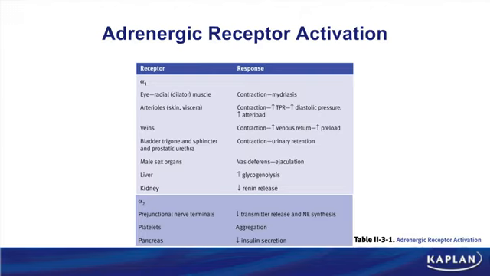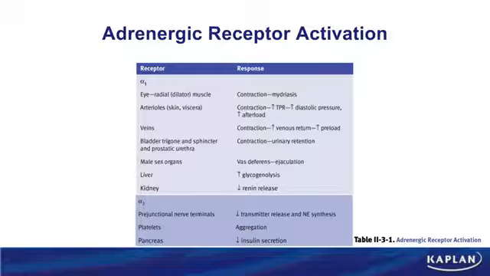Giving them fluids to increase their blood pressure, that could certainly help. But so could an alpha-1 agonist to vasoconstrict and increase their blood pressure. On the other hand, if you were dealing with a patient with hypertension, an alpha-1 antagonist would be useful because of its vasodilating properties.